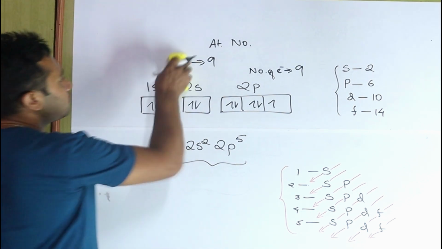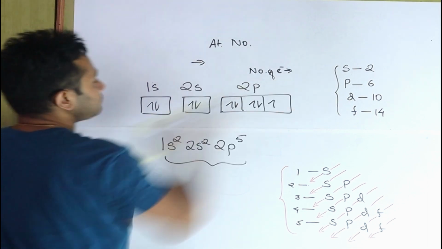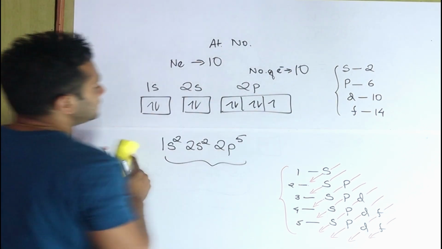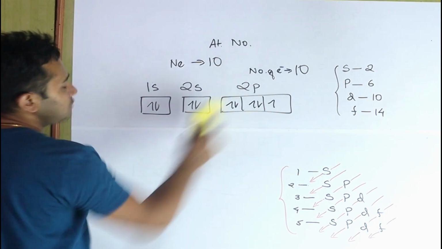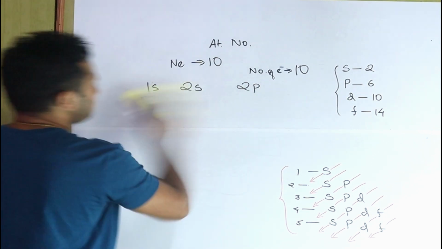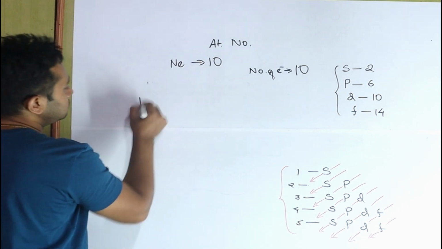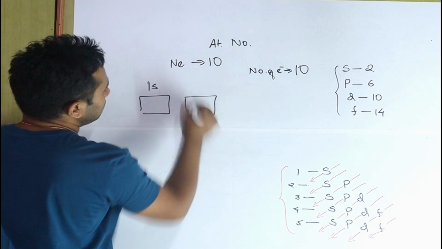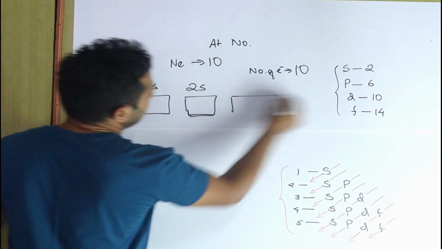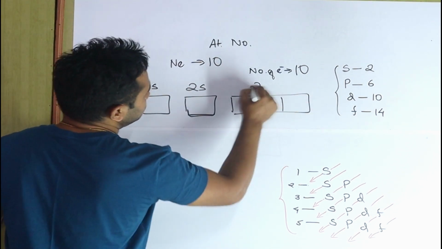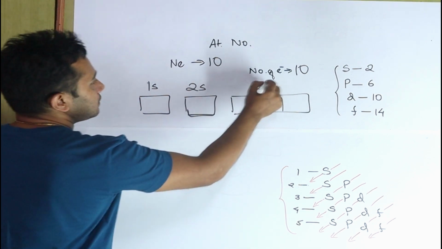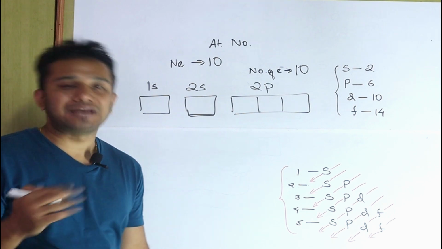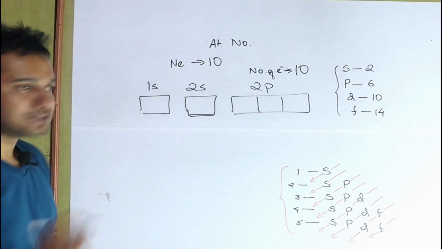So now we'll go for neon. Atomic number 10. Number of electrons is 10. So I'll just draw here again. 1s, 2s and then we have 2p. So there are 10 electrons. In s we can fill 2 and then in p we can fill 6.